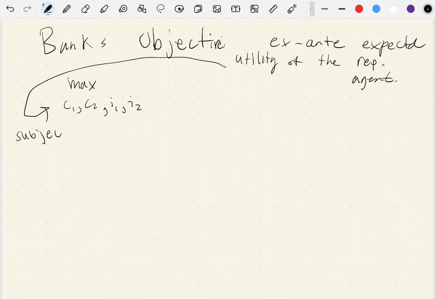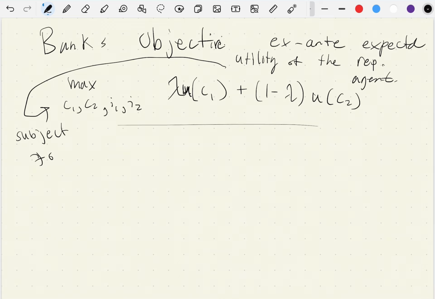Of course, we want to maximize the utility, and this is all subject to the following constraint, where we have the probability, or on average, the amount of people that are impatient and need to scrape that utility from C1, versus the probability of them being patient, okay?